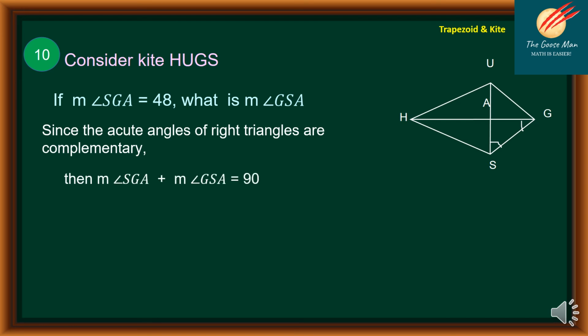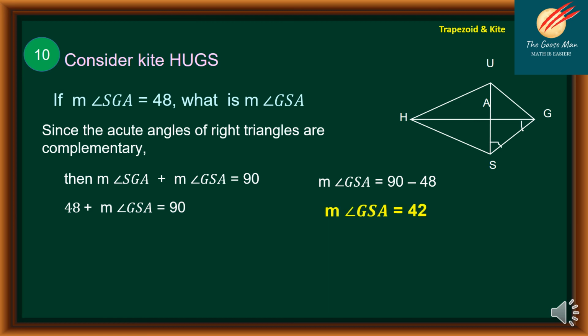So the measure of angle SGA plus the measure of angle GSA is equal to 90. Therefore, 48 plus the measure of angle GSA is equal to 90. Since I'm looking for the measure of angle GSA, that is 90 minus 48. So the measure of angle GSA is equal to 40.